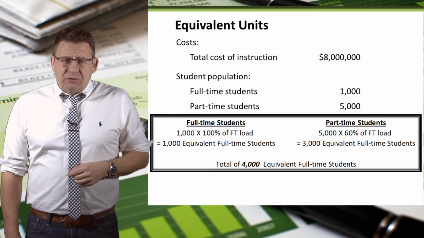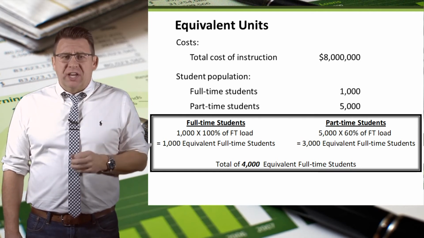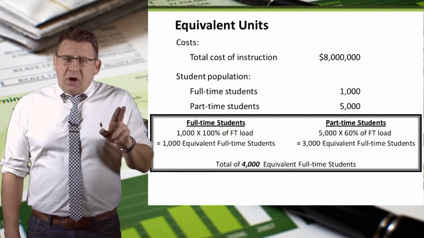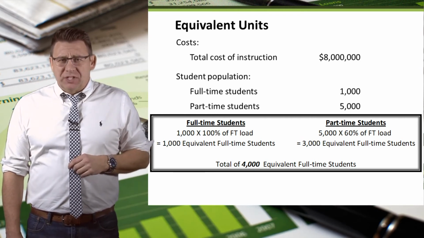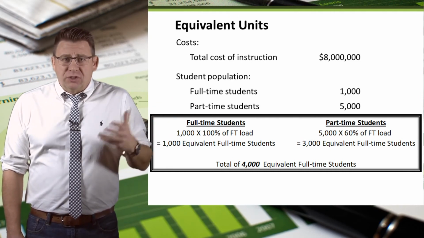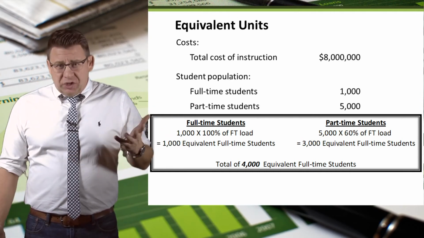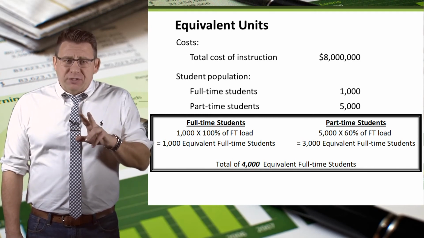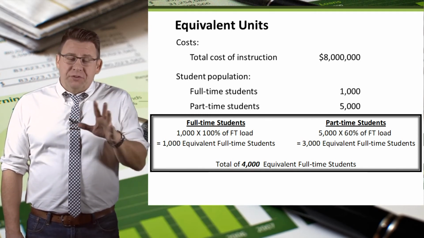1,000 full-time students take 100% of a full load. 5,000 part-time students take 60% of a full-time load. So we multiply the 1,000 students times 100%, which equals 1,000 students, right? 1,000 full-time students is the equivalent of 1,000 full-time students.